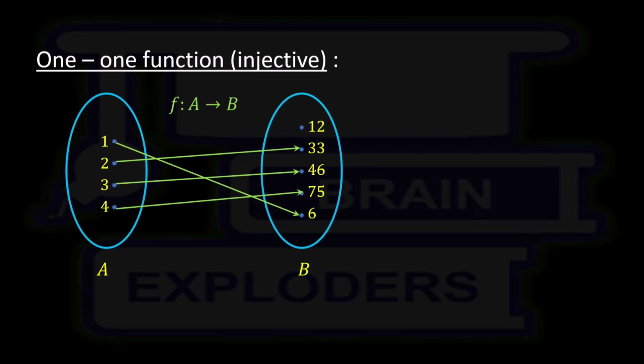Okay. Now here you can see that some of the elements in set B may be left out. Okay, there are possible elements which are not the image of any element of A, right?